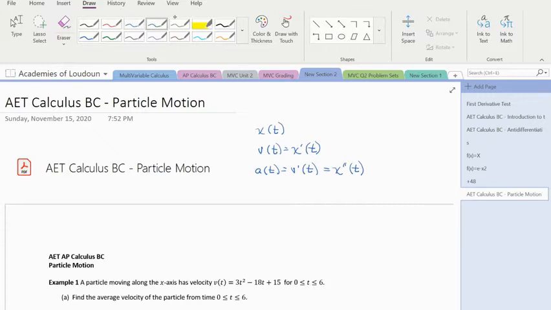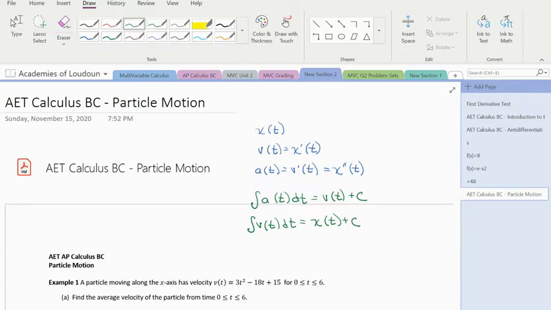And we also know then that the integral of a of t dt will give us our velocity function plus c. The integral of our velocity function with respect to time will give us our position function.